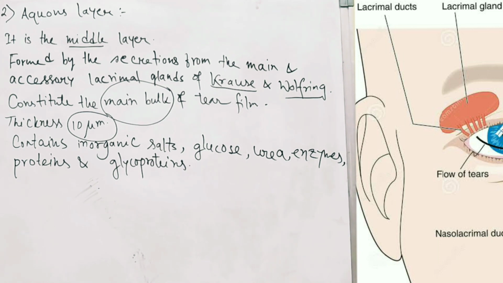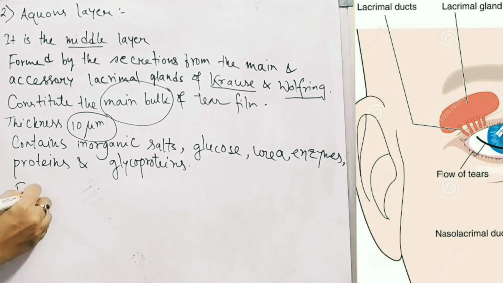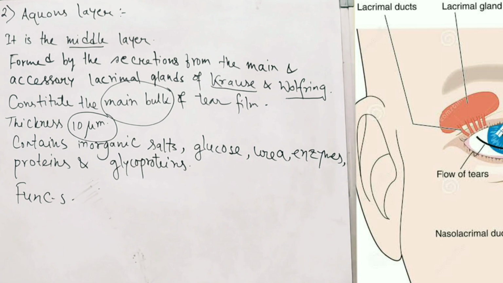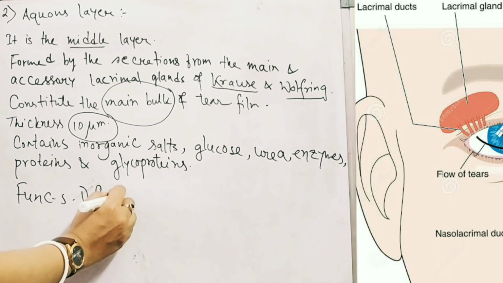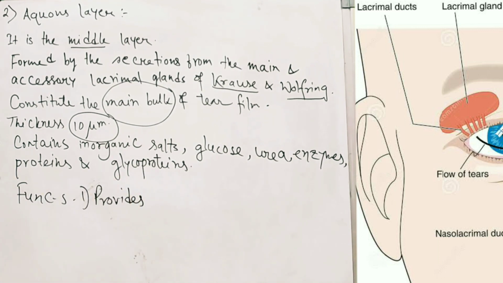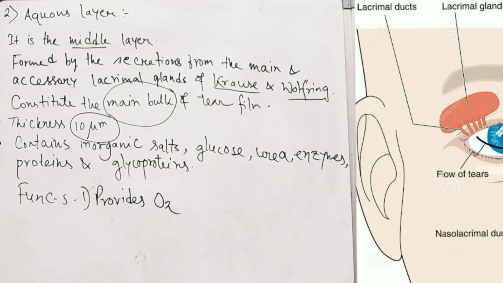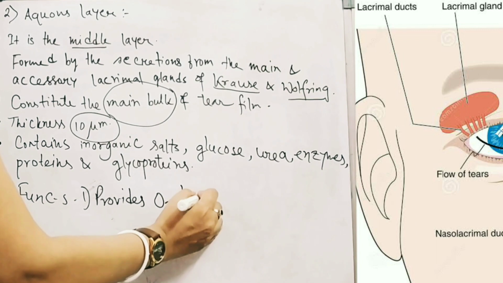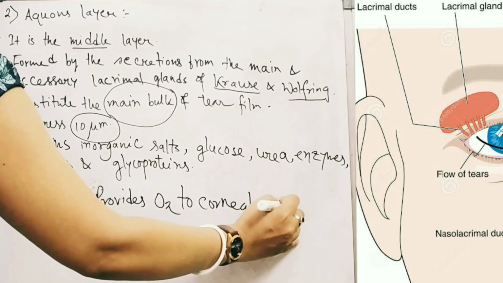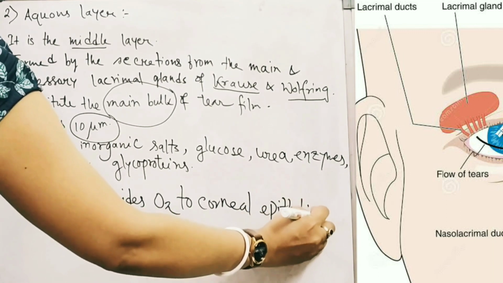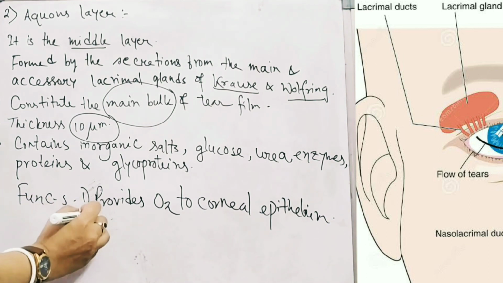So what about the function? The functions of this aqueous layer: number one, they provide oxygen, which is very important, because without oxygen the cells cannot function. So they provide oxygen to the corneal epithelium. Number two, they wash away debris and irritants.